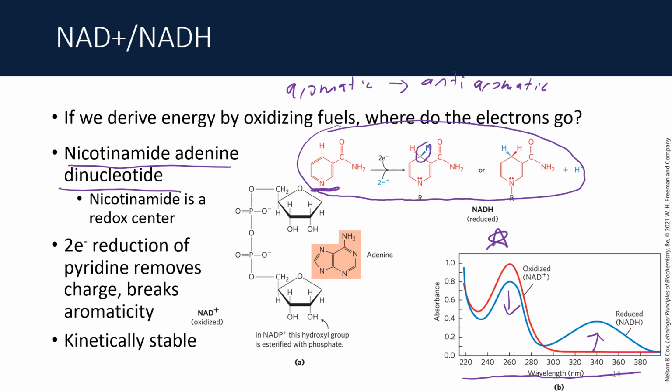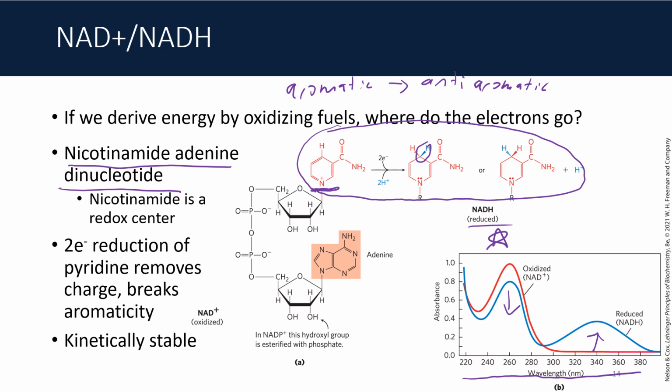This NADH that we form is reduced. The NAD+ from which it came is oxidized. There is more energy in the NADH molecule, and it's kind of like a wind-up toy.